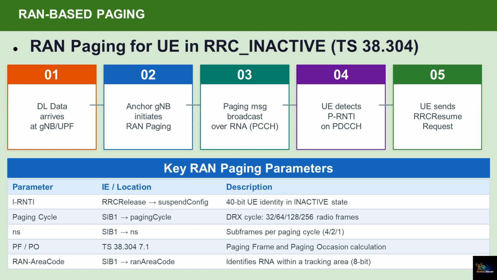The parameter here is the I-RNTI, set whenever RRC release with suspend config is sent.